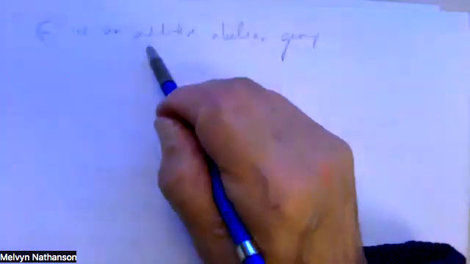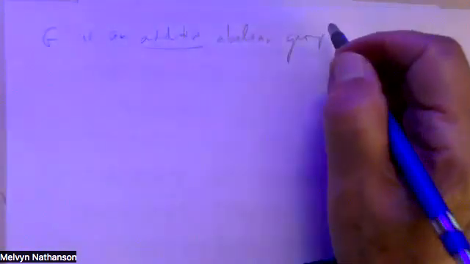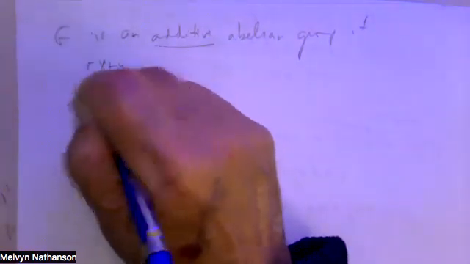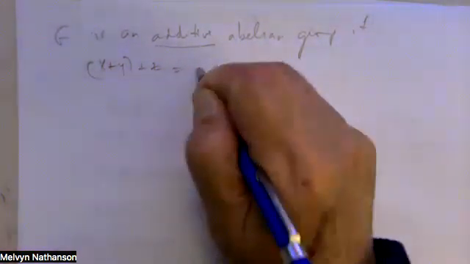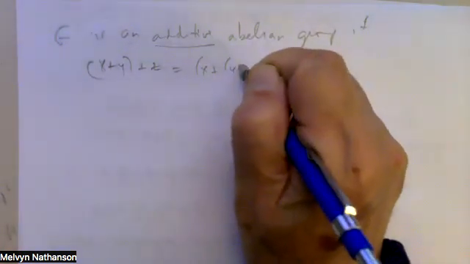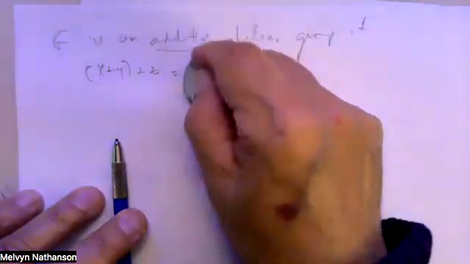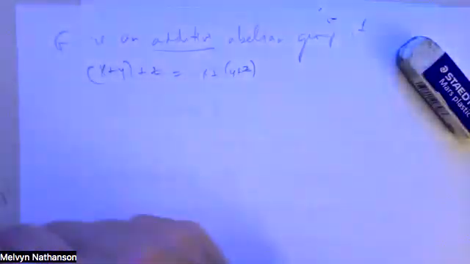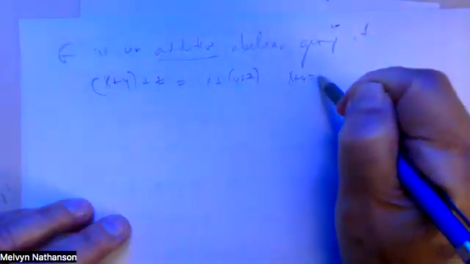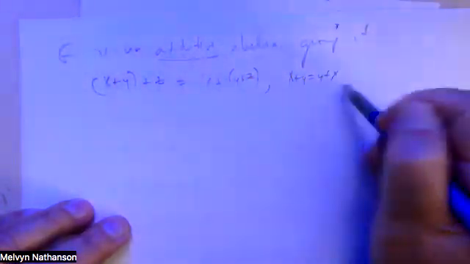There's a binary operation which we're writing as addition, and addition in this is associative. So (x plus y) plus z is x plus (y plus z). It's abelian, or commutative: x plus y equals y plus x.